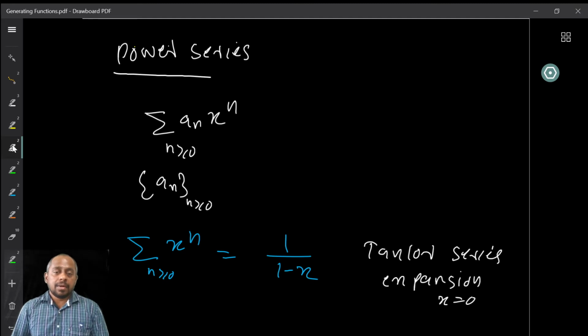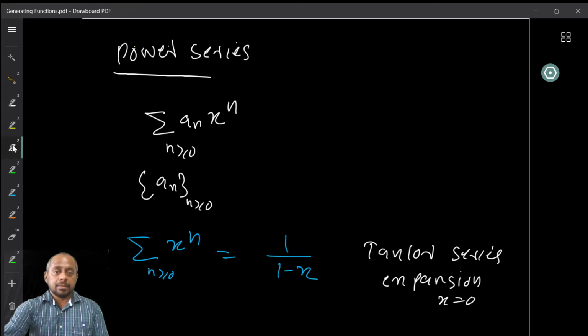Therefore we will call them formal power series, in the sense that it has the form of a power series, but it may not have all the analytic properties that a calculus or analysis person is interested in. But it will still have the combinatorial properties that we want to encode, and then we can manipulate this power series. So in the following we will always consider series which look like power series, at least in form, and we work with them without worrying whether they are convergent or not.